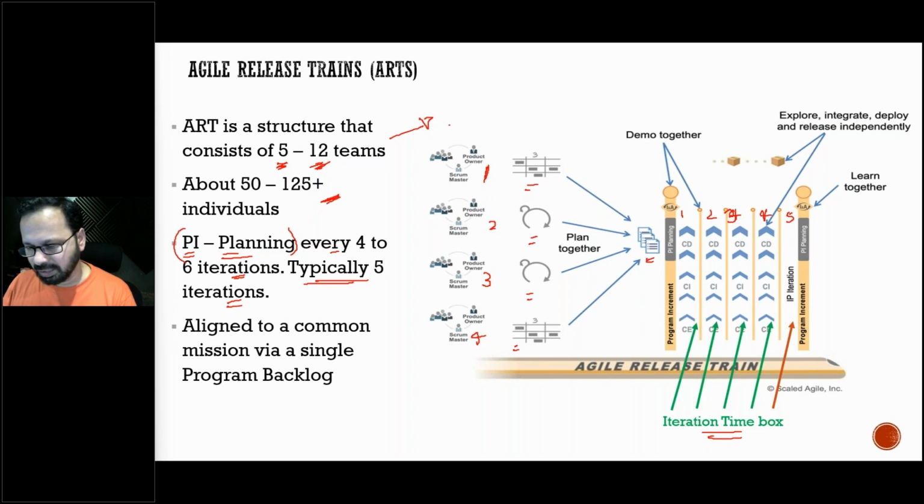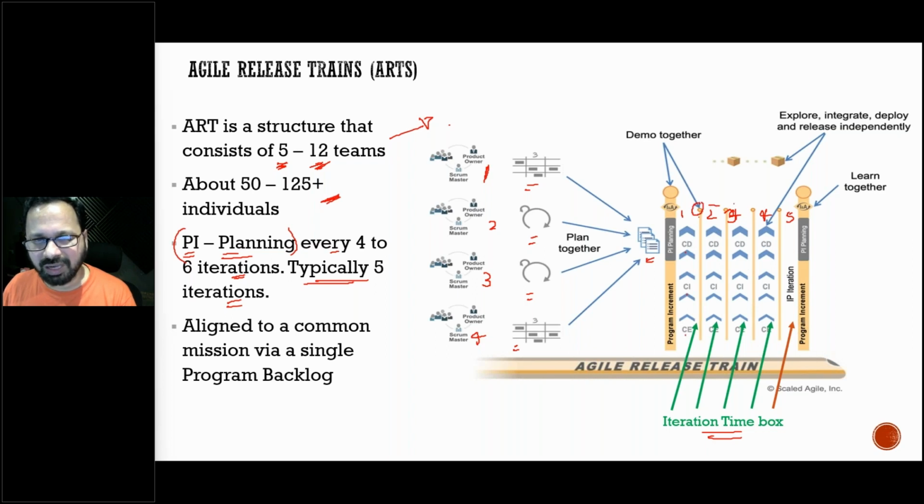So SAFe doesn't say that you need to use Scrum or Kanban, it doesn't mandate. You can use whatever works in your context, right? And the teams continuously explore, continuously integrate, continuously deploy the value. Okay, at the end of this they demo together, and this demo is nothing but the system demo.